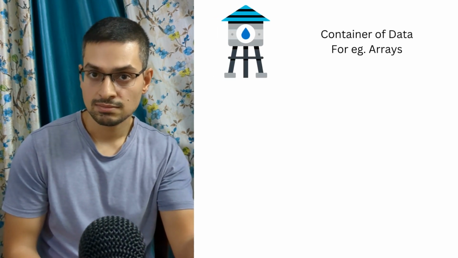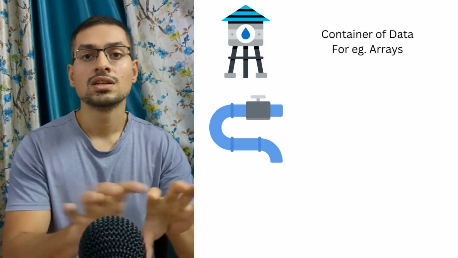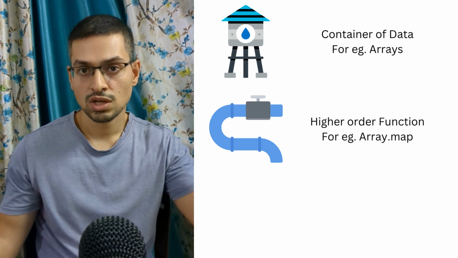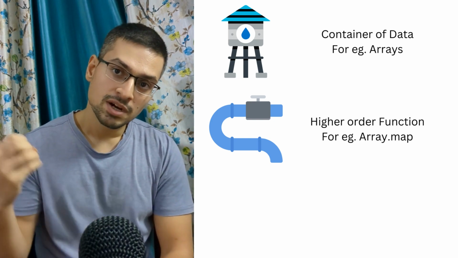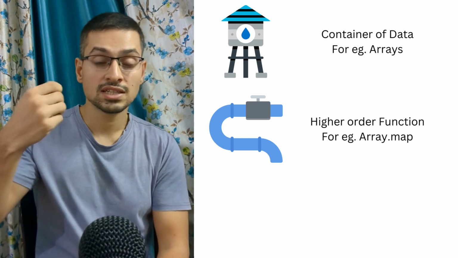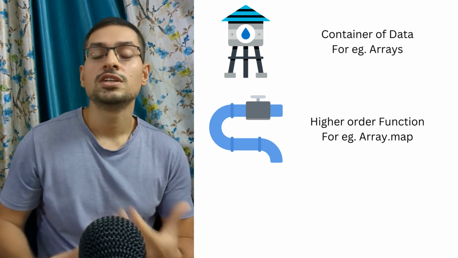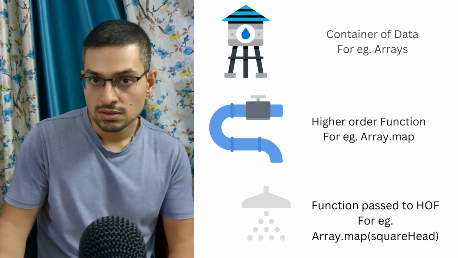So in programming language concepts, you can think about the water tank as the data, the container of the data, right? The pipe is a function that transfers data from the water tank to the output stream, right? And then that particular pipe behaves as a higher order component, which allows us to attach different types of shower heads with respect to our choices.